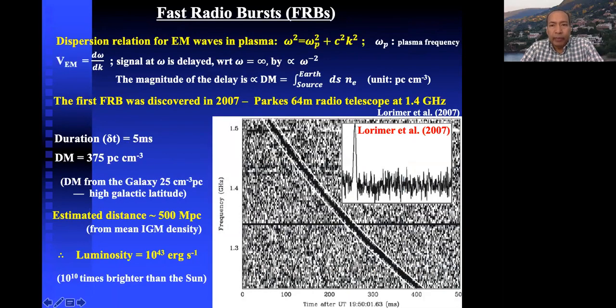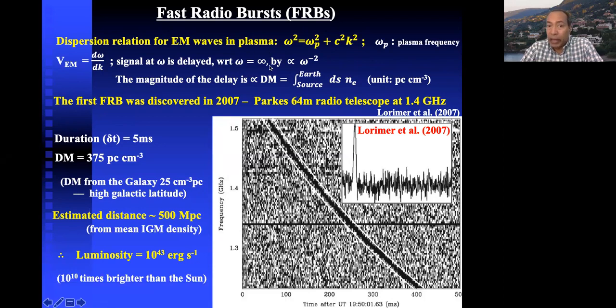I would start with the very basic, and that is that the dispersion relation for an electromagnetic wave in plasma is given here. And much of the universe is plasma, which means ionized medium. The group speed of the electromagnetic wave is frequency dependent, and that group speed is larger at larger frequencies, so that if we take a short pulse or burst, the signal arrives first at the highest frequency and with some delay at lower frequencies.